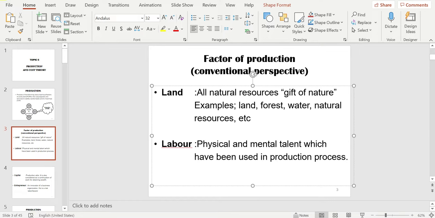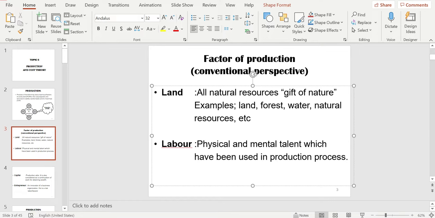Next is labor. Another resource is labor. Labor is the physical and mental talent which has been used in the production process, because the land and natural resources cannot be produced, they cannot move on their own to be utilized. They need human capability to use and utilize the natural resources to produce something.